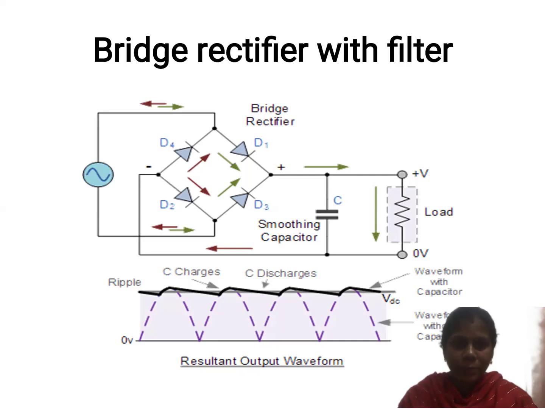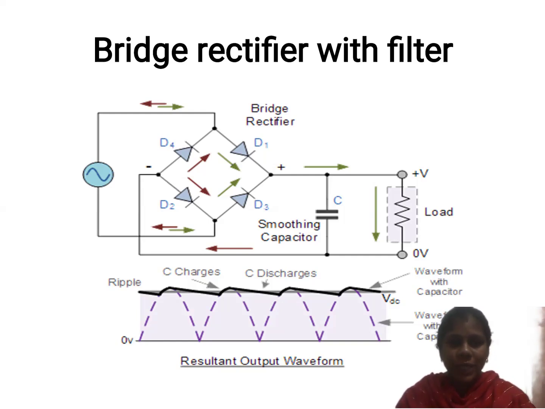The same positive cycle is applied to the anode terminal of D2 and the anode terminal of D3. So whenever the positive cycle is applied, the polarities can be considered as plus and minus for D1, plus and minus for D4, minus and plus for D2, and minus and plus for D3. Here you can see the polarity, plus and minus, marked on the bridge rectifier.